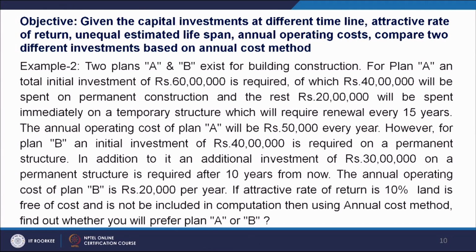Example 2 tells two plans A and B exist for building construction. For plan A, a total initial investment of 60 lakhs is required, of which 40 lakhs will be spent on permanent construction. Now, this is a trick.